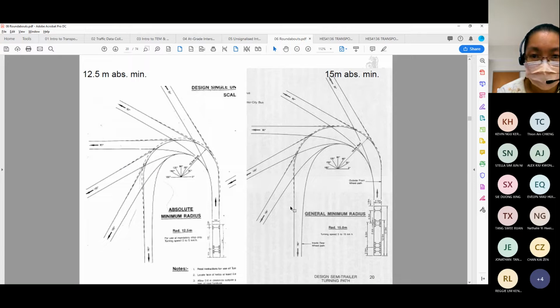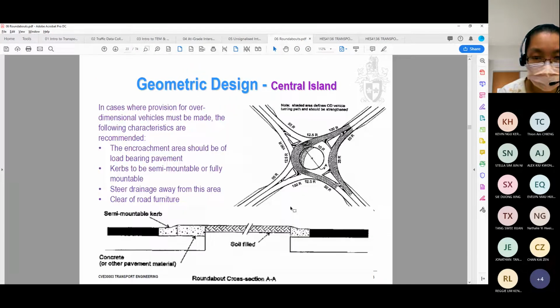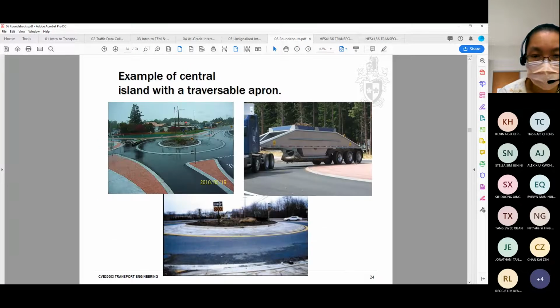Because ultimately what we don't want to see happen is something like this. If you did not consider over-dimensional vehicles, long vehicles, and you put a very small roundabout without considering them, what will happen is that the wheels of the vehicles may just travel on the central island.